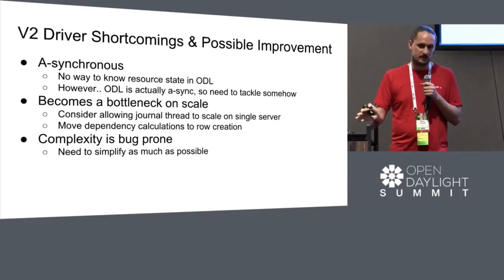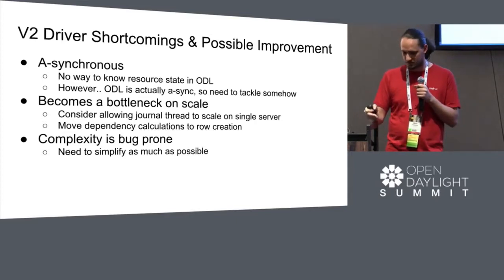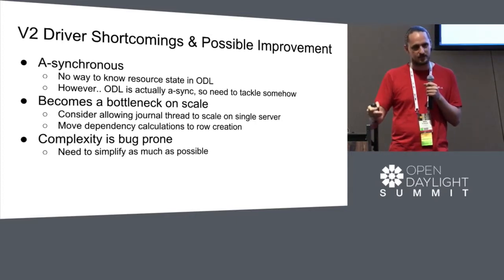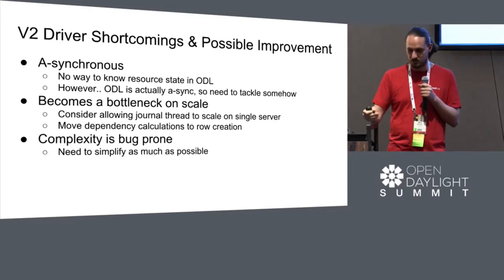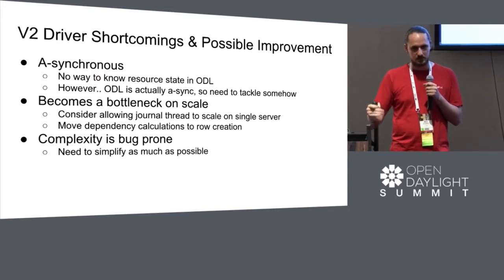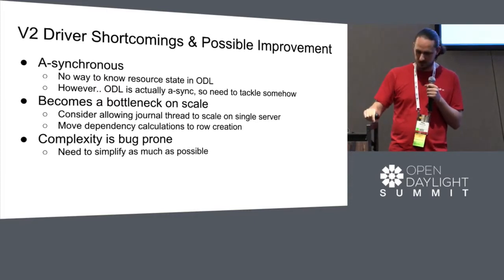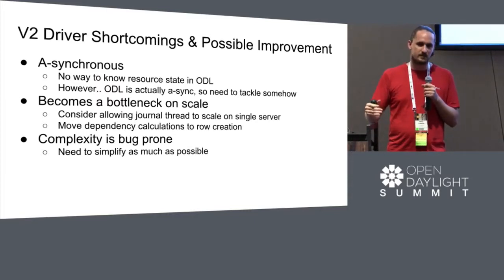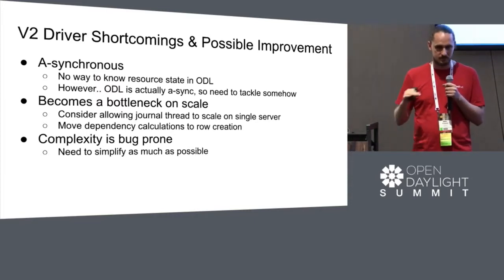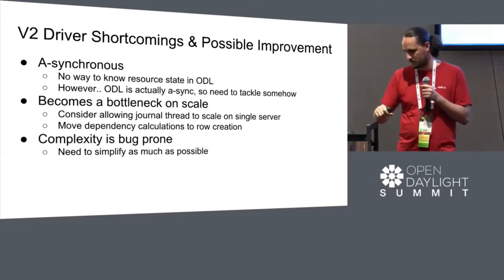Also another direction, not really related to that, is the dependency calculations. Currently, they're happening each time an entry is read, which is not very efficient. We want to move that to the entry creation time, which will slow that down a bit, but then we're doing it once and that's it.